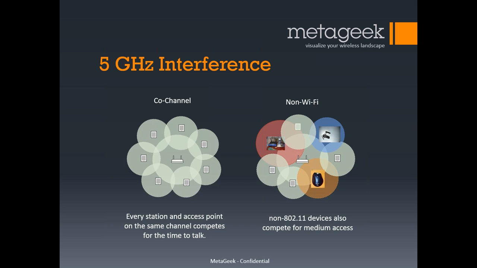But you do still have to deal with co-channel interference because co-channel is kind of, you know, the rules of half duplex where everyone has to wait their turn. They can transmit and then they have to wait and then they can receive and vice versa. You also deal with non-Wi-Fi interference, which is any device transmitting in that band that isn't a Wi-Fi device.